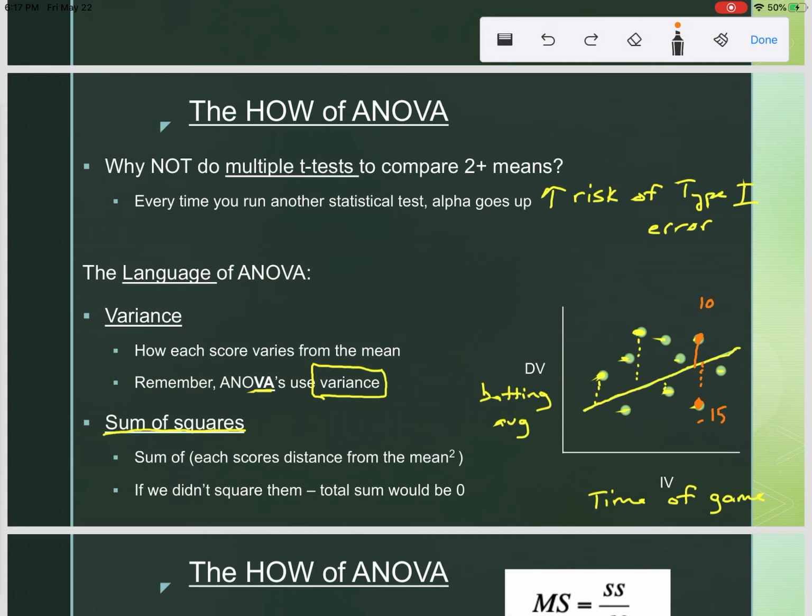So what the math is going to do for us is calculate the variance of each score from the mean, and then add them up.